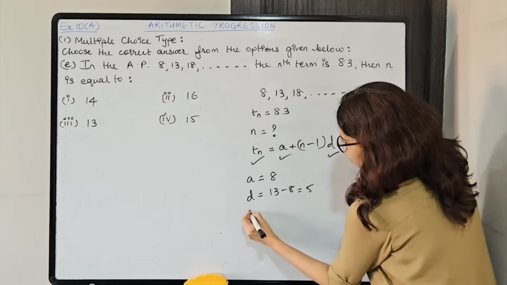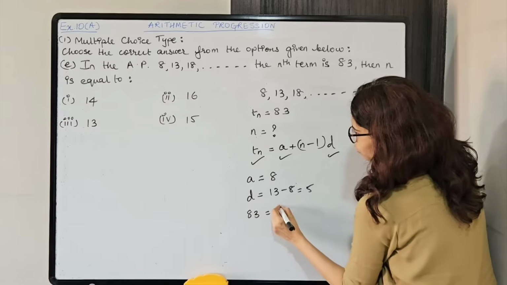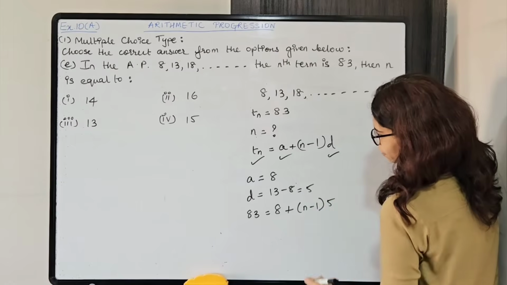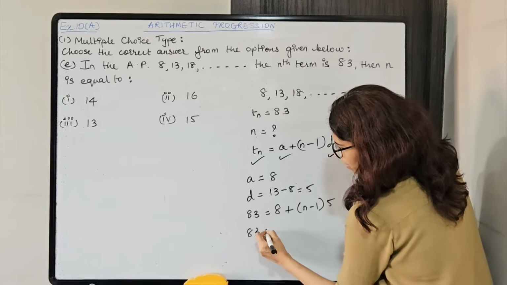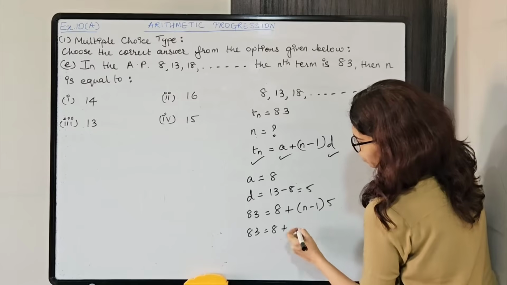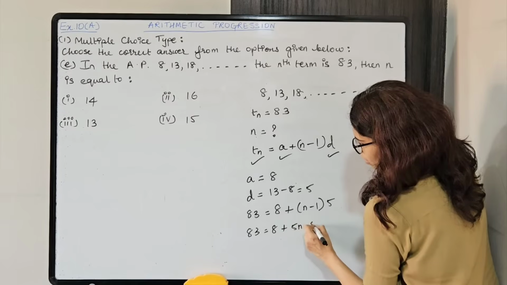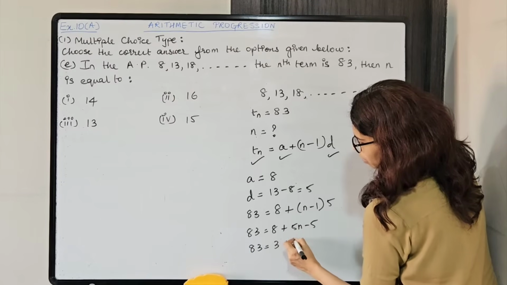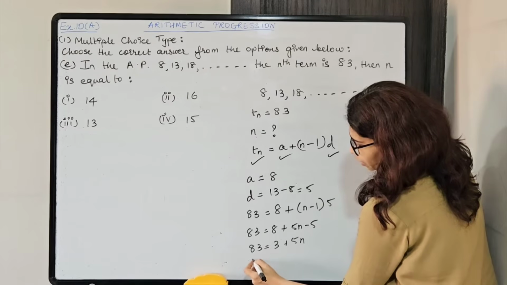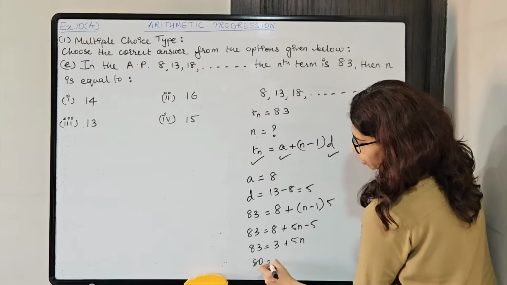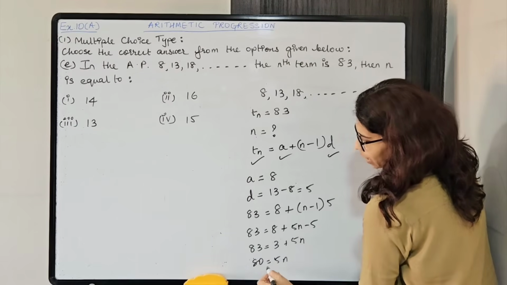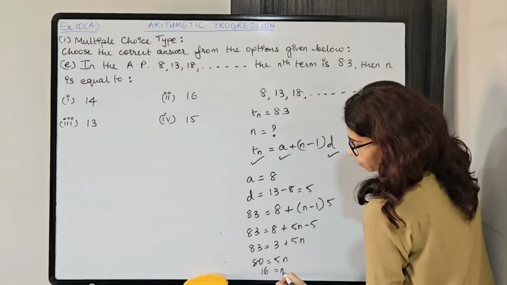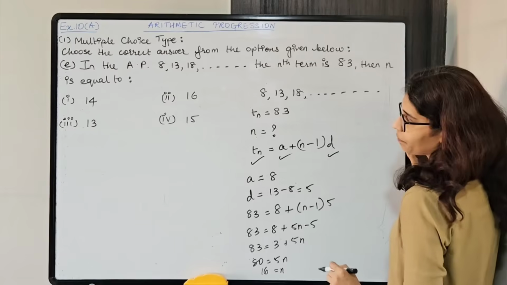So Tn is 83, which is equal to 8 plus (n minus 1) into d, which is 5. So 83 is equal to 8 plus, opening the brackets, 5n minus 5. So 83 is equal to 8 minus 5 is 3 plus 5n. Shifting 3, 83 minus 3, 80 हो जाएगा. So 80 divided by 5, that is 16. Okay, so n का value 16 है.